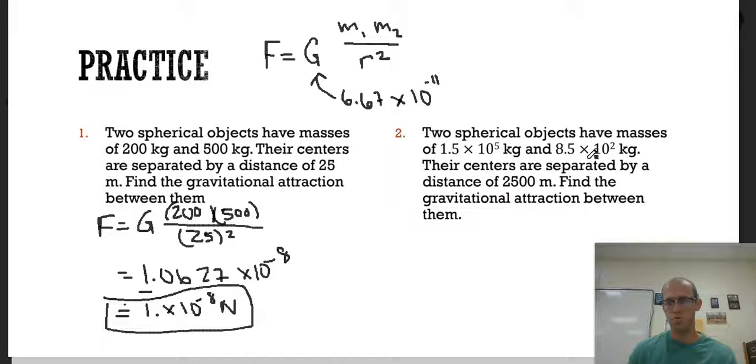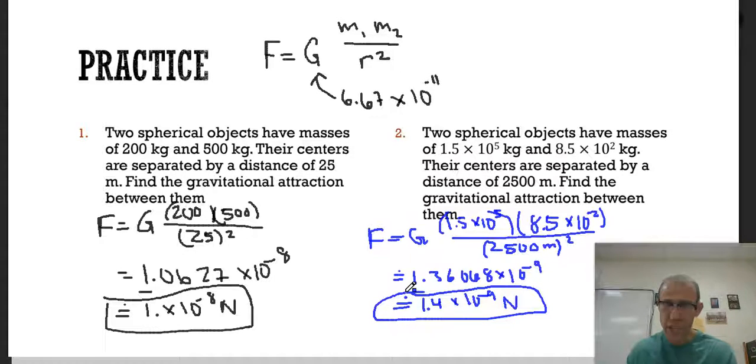These objects are much bigger though, and we're going to see a bigger force maybe from them, but the distance also matters. So let's look at this. So we use the same equation, G, plug in my scientific notation numbers. And when I plug in everything, I will get out this for my force, 1.4 times 10 to the negative 9th newtons, which is still smaller than a newton.